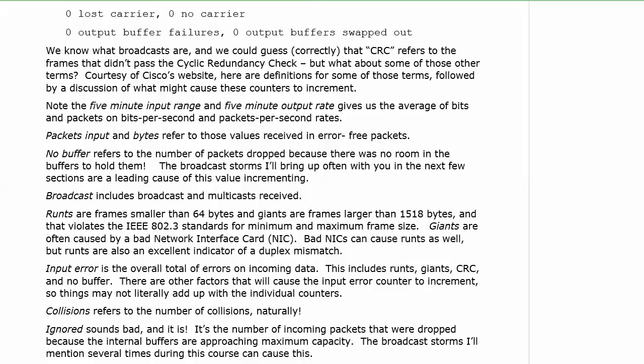Ignored means it's the number of incoming packets that were dropped because the internal buffers are approaching maximum capacity. So that's an indicator of a problem. It hasn't gone totally fatal yet. We haven't gone to no buffer yet, but we're getting real close. And again, broadcast storms can definitely fill up your buffers and cause legitimate non-broadcast packets to get dropped because there's no place to put them in the buffers.